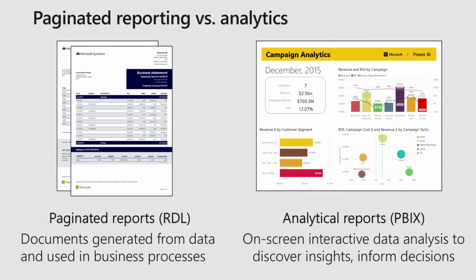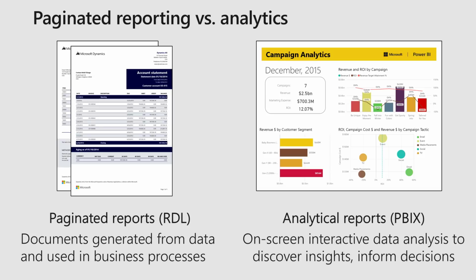So the next slide just gives you a couple of examples, and it compares and contrasts operational reports with interactive or analytical reports. On the right-hand side, you'll see an example of a typical Power BI report. It's designed to be interacted with. You may be clicking on various things. They will cross-filter and cross-highlight each other, and you might not even know the answer that you want.